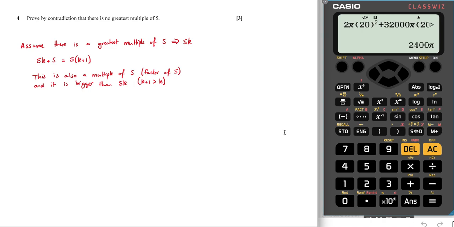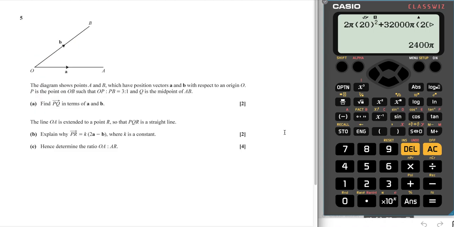Now this is the important statement that you need to have in your answer. This is a contradiction. And then just to finish this off, this proves that there is no greatest multiple of 5. For 3 marks, that's probably going to get you everything that you need.